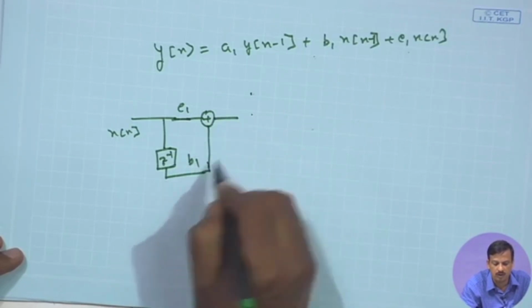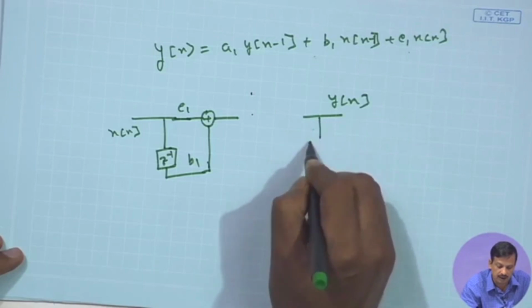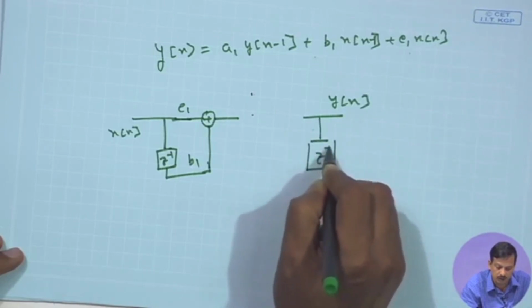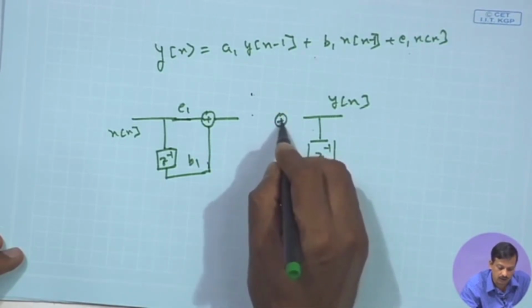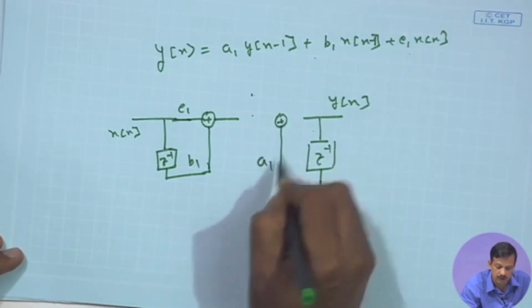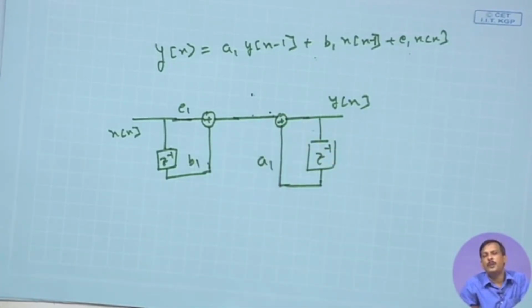Then the output y n is the delayed sample, z to the power minus 1, y n minus 1, multiplied by a 1, added with this input. So, this is the implementation of that system.